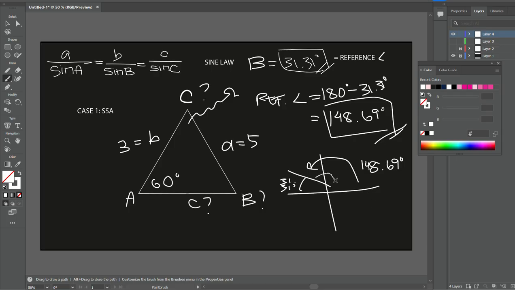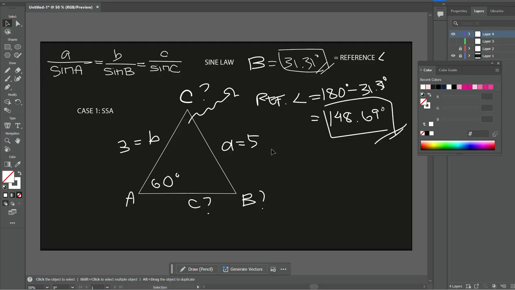And this one is in quadrant 2. So since you have, actually, this becomes our new b.